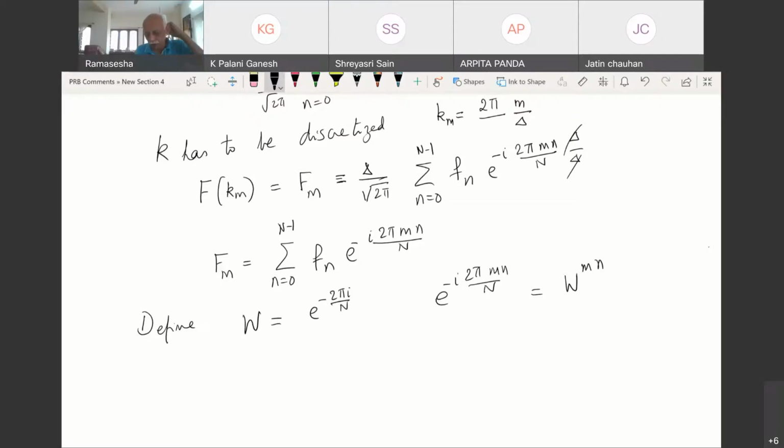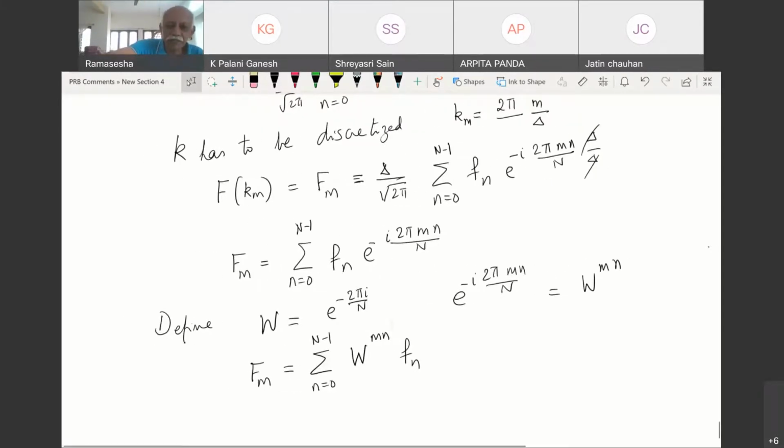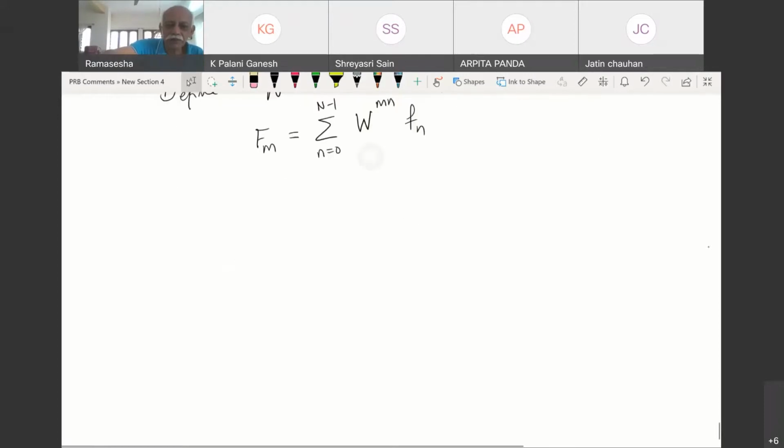So what you have got from here is F_m equal to the sum over n of W to the power mn f_n.